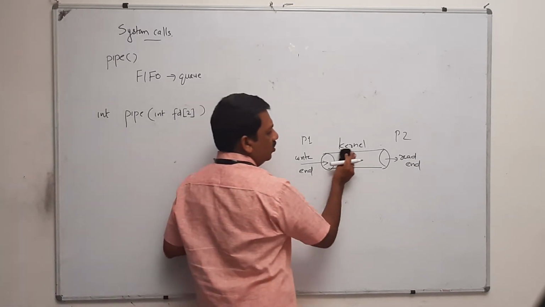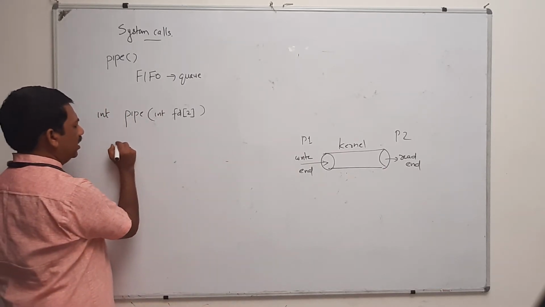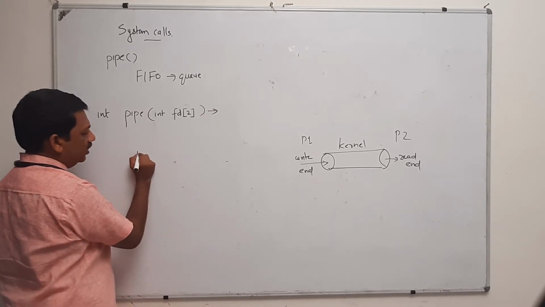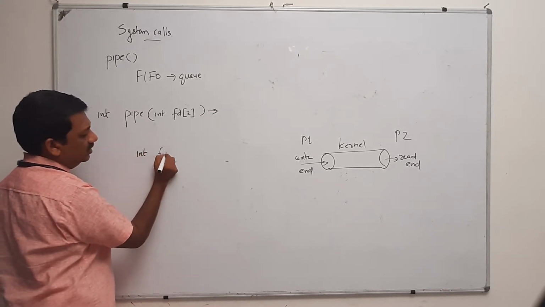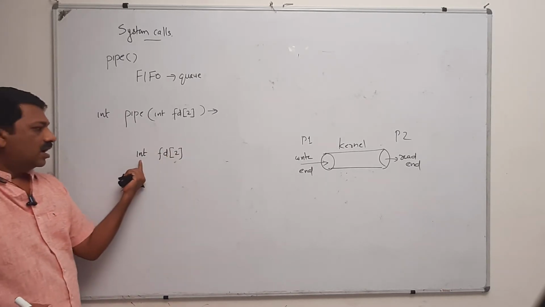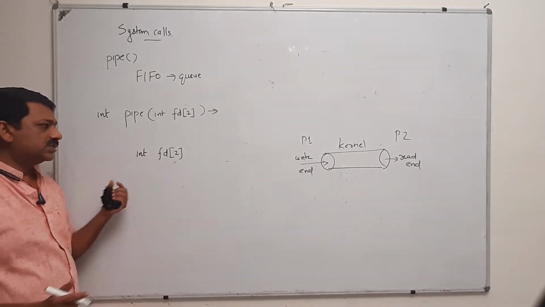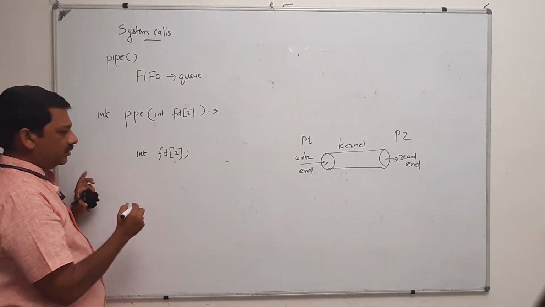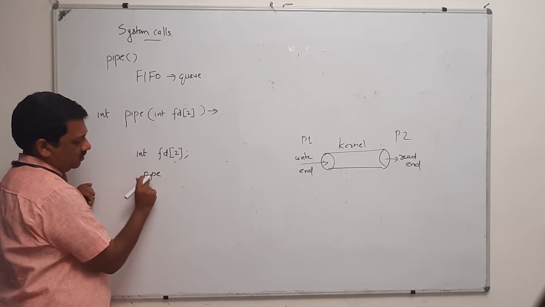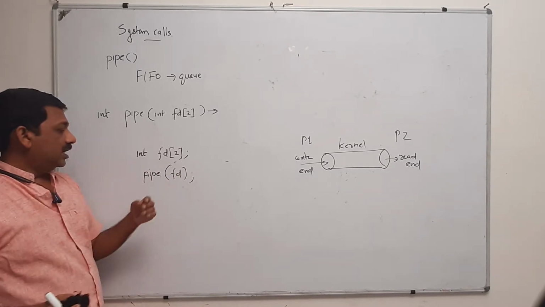This is the method signature, and in the program I am going to have int fd[2], an array which has two integers. Then I am going to call pipe(fd).